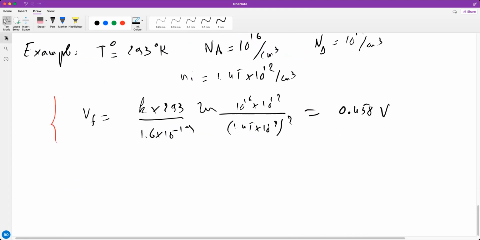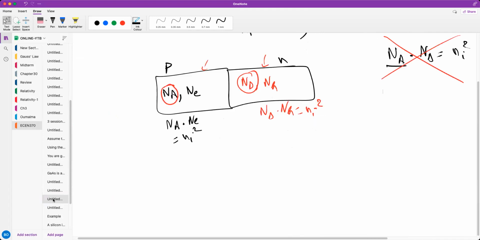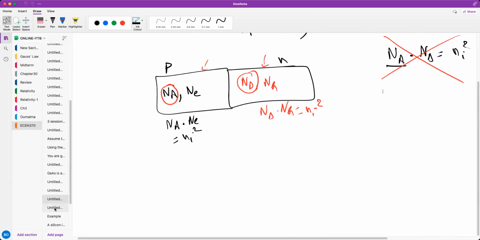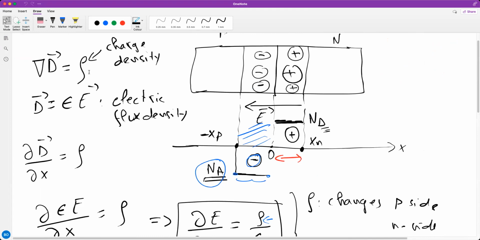Okay, so then we went and started looking at what happens at this depletion region. We are interested to look at the electric field in this depletion region, and at the charge density in this depletion region, etc. As I mentioned, the PN junction creates a depletion region that has a negative polarity in the P side and a positive polarity in the N side.